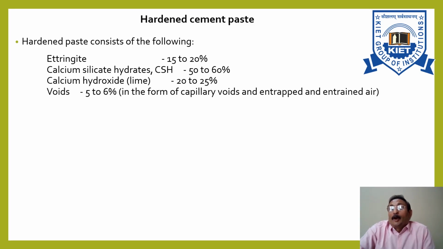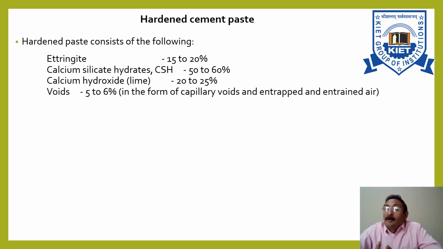Now, a certain quantity of water is imbibed within the gel pores. This is gel water. Gel water is different from bound water, but gel water and bound water complement each other.